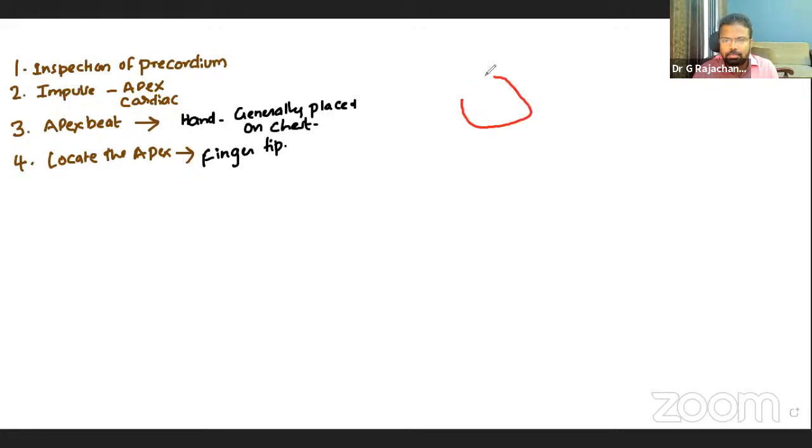The apex is exclusively contributed by the left ventricle. Now, all the pathologies of the left ventricle, if you remember, the left ventricle can undergo hypertrophy. The left ventricle can also be dilated.